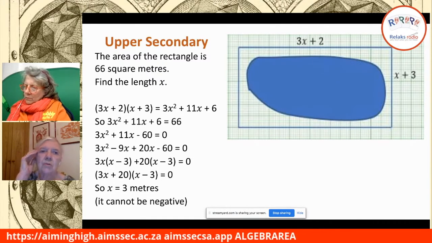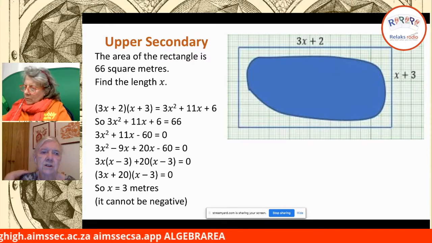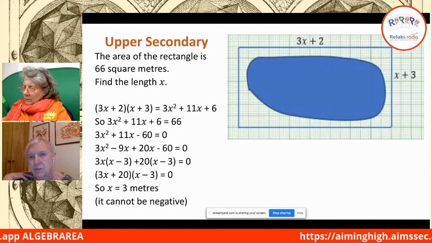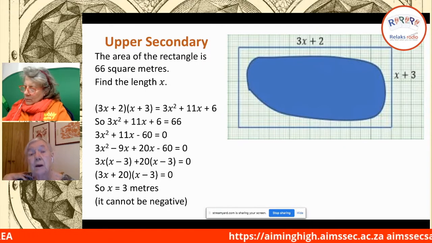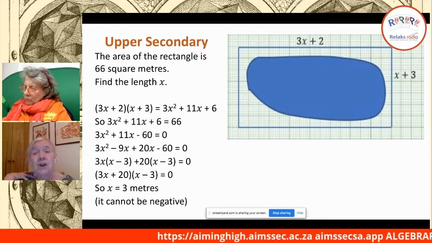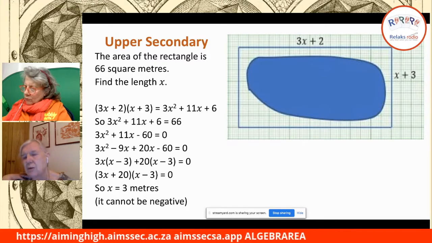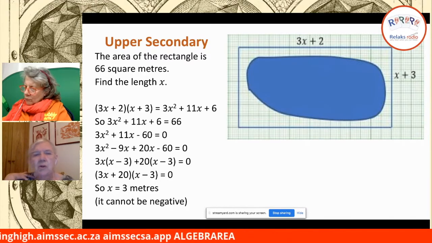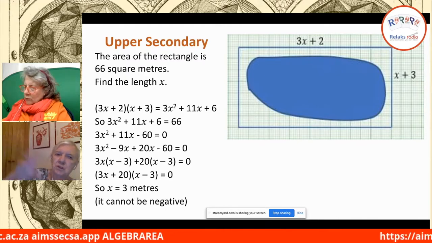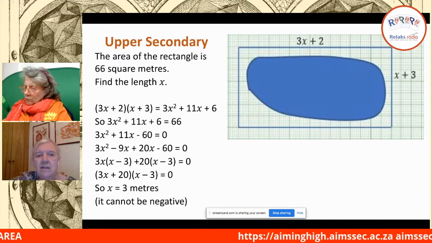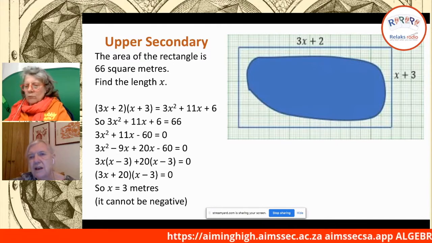What we're told is the area of the rectangle is 66 square meters, and you've got to find x. You might have been asked it in a completely different way, given x and asked to find the area. But this question is turned on its head, and you're given the area and you're asked to find x.